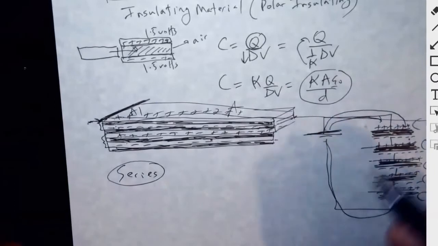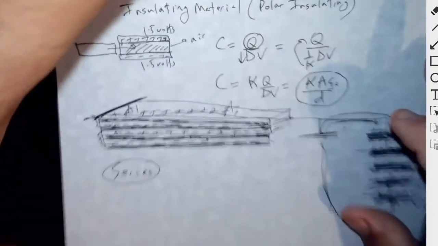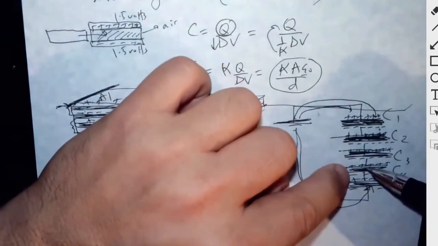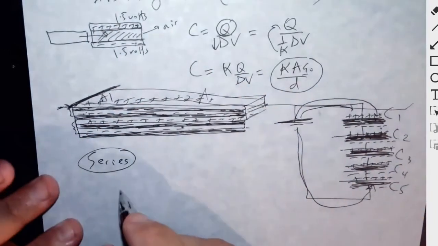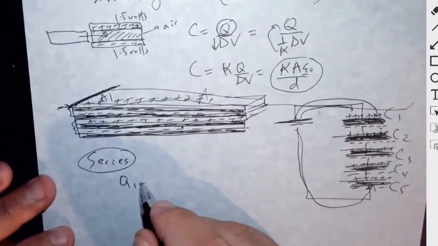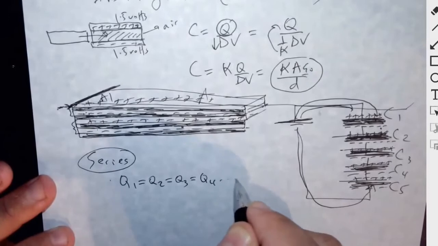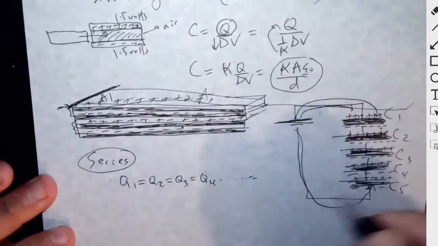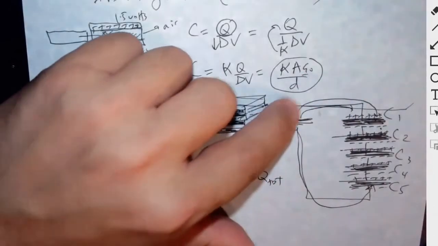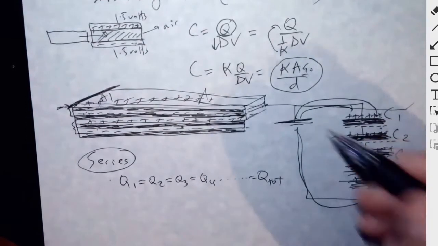So the idea behind series is that the charge induced on this plate is going to be the same as the charge induced on that plate, and the charge induced on that and that and that. So the Q's are going to be the same. Q1 equals Q2, which equals Q3, which equals Q4, and so on, which equals the total charge that is stored in the whole system, the charge that's flowing through the battery.